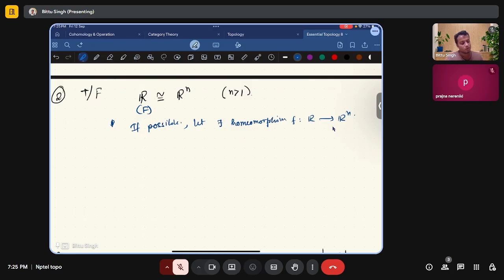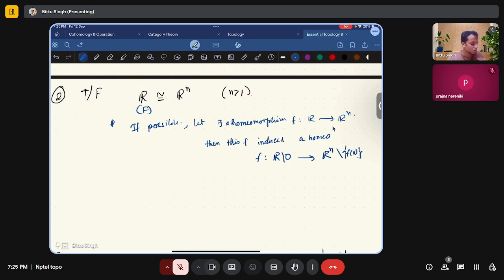If F is a homeomorphism, then remove a point. Remove the origin 0 from R. Then this F induces a homeomorphism, just restricted over R minus 0, to R^n minus F of 0.